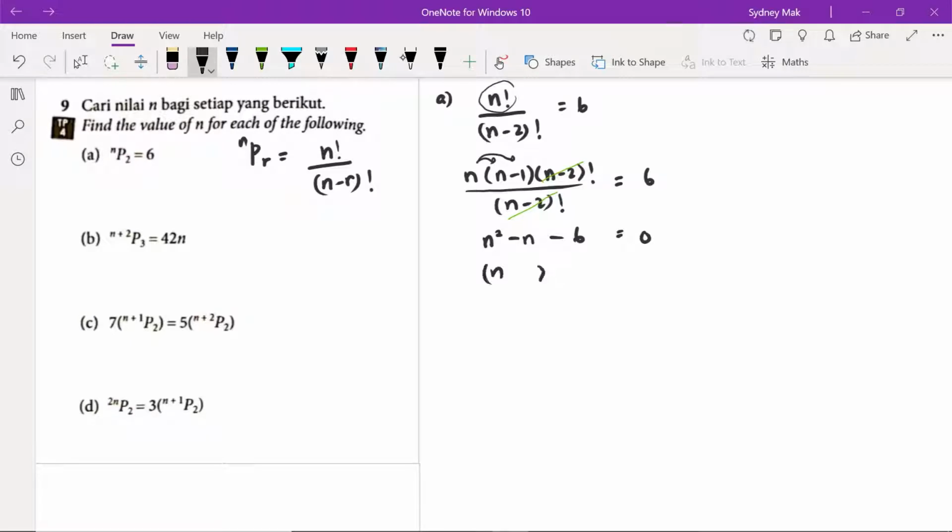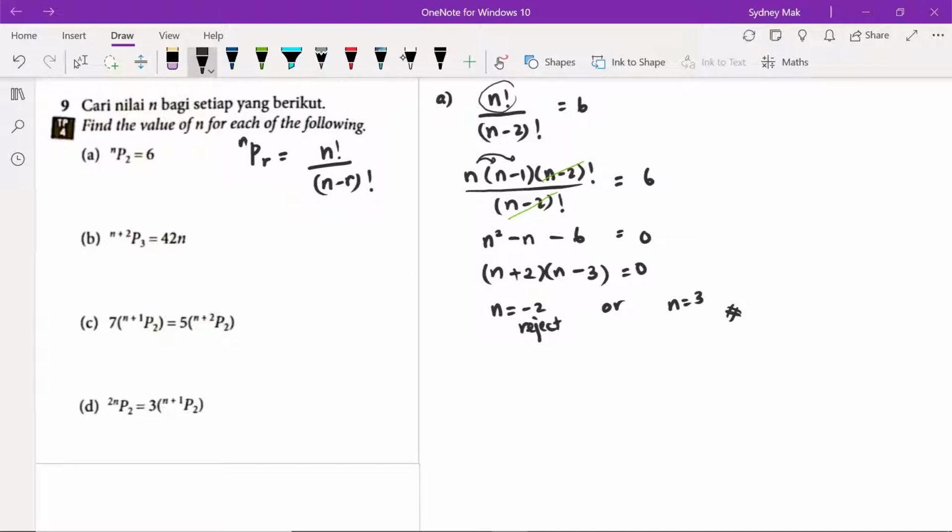Therefore, let's factorize this. We have 3 and 2, negative and positive, equals 0. Therefore, n equals negative 2 or n equals 3. We reject negative 2 as n is always positive. Okay, so we found the value for n, that is 3.